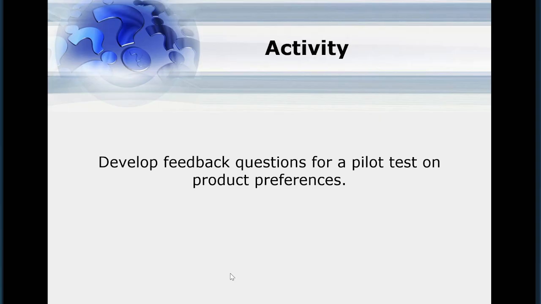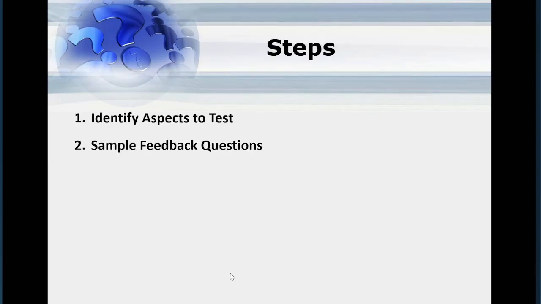You can develop feedback questions for a pilot test on product preferences. How can you do this? You can identify aspects to be tested: clarity, flow, and relevance of questions in a product preference survey. Then you can go for sample feedback questions such as, "Were any questions unclear or confusing?